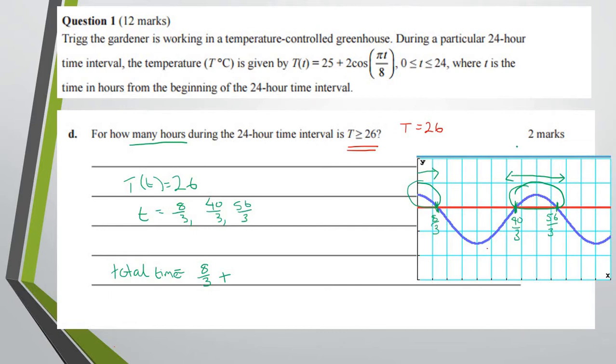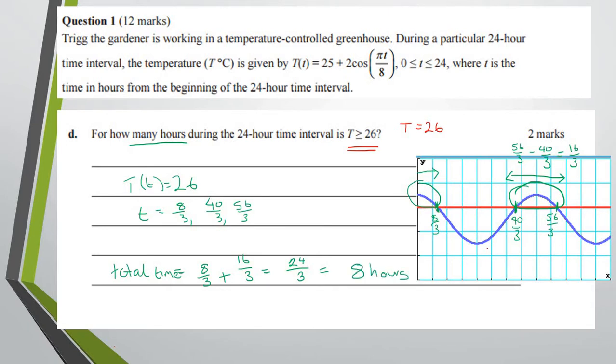How would we achieve that? By taking the larger time, 56 over 3, and subtracting the smaller time, which would give us 16 over 3. So we've got our time range there. 8 over 3 plus 16 over 3 gives us 24 over 3, which is giving us 8 hours as the final answer.